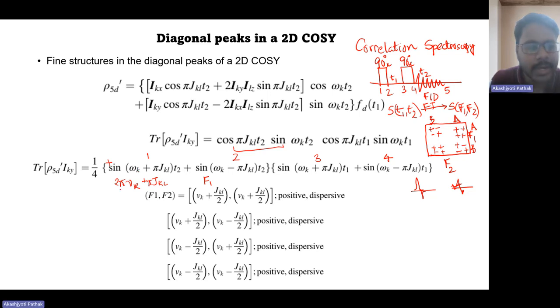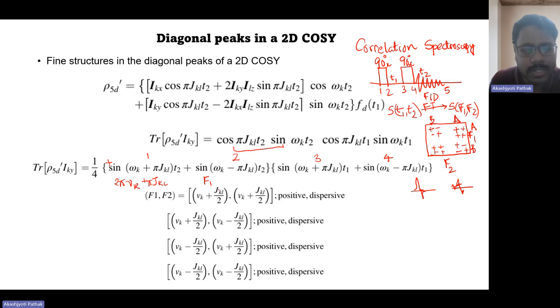So omega k you can write as 2 pi times nu k plus J kl, and then you can take 2 pi common outside the bracket and write it in this form, nu k plus J kl by 2. Similarly here also the same thing can be done. The omega k can be replaced as 2 pi nu k minus pi J kl, and once you take the 2 pi outside this bracket, you will get this expression.